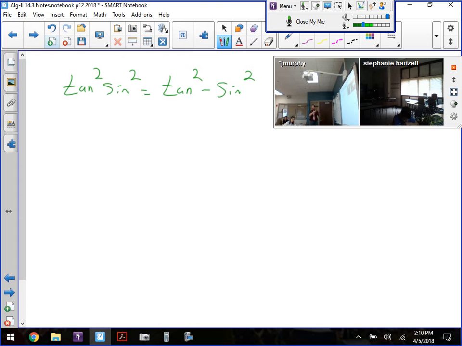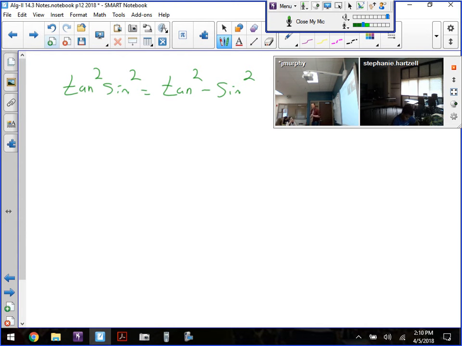But when you go from multiplication to subtraction, you don't need common denominators. What you need to do is figure out how to break one of these parts into 2 pieces so that you can distribute.